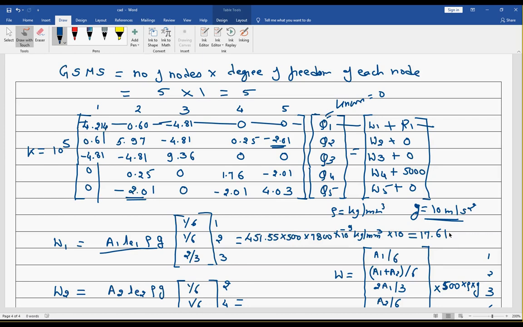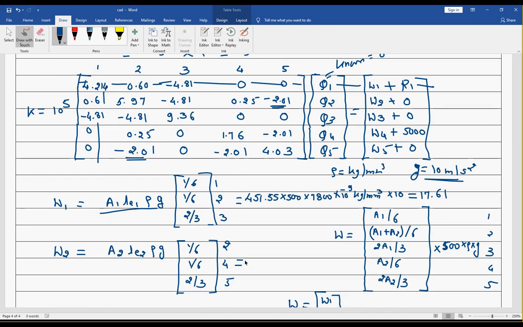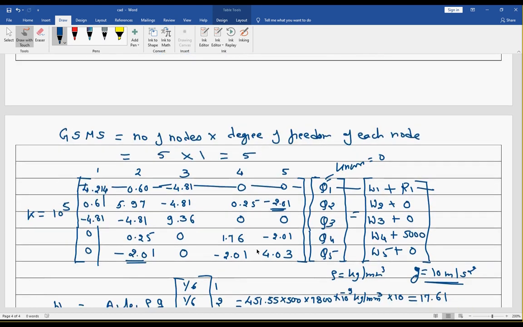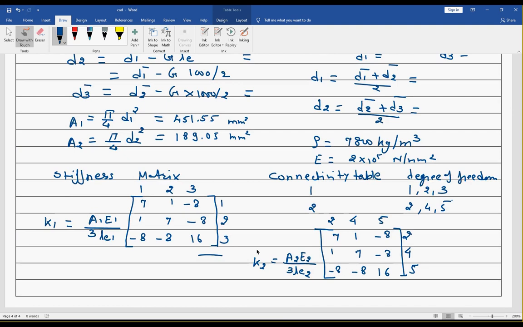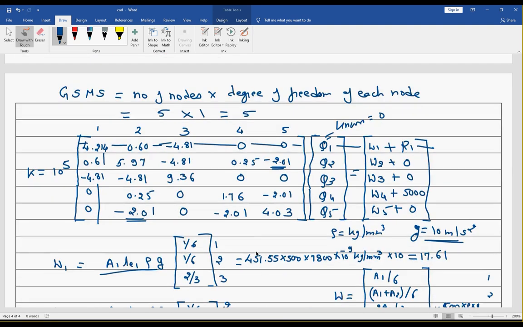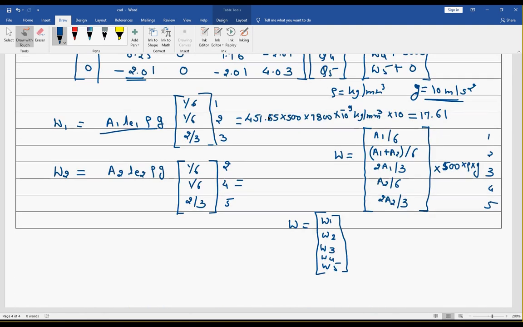You can take any value. 17.27 or 17.61 doesn't make a difference. Similarly, we will also calculate this. The area here in this case is 189.05.